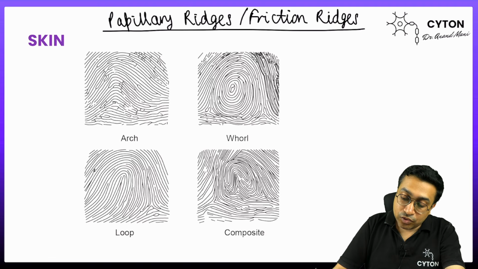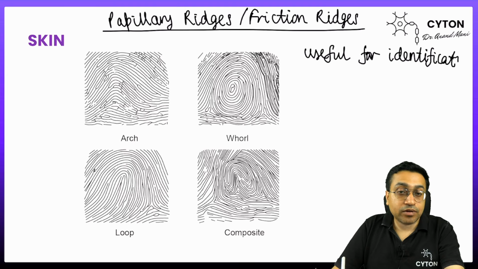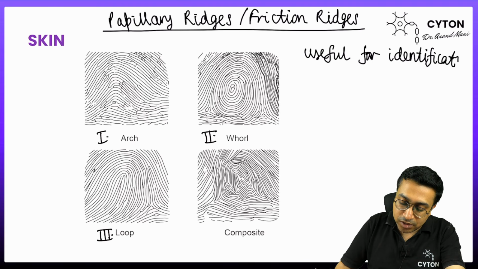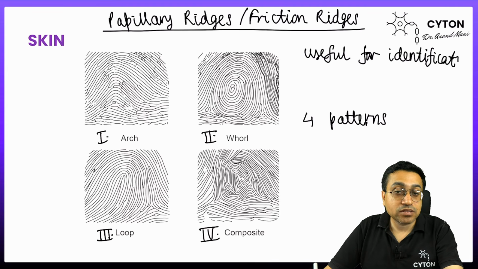These are also used for identifying individuals. This is useful for identification, and you will read more in detail in forensic medicine. This branch is known as dermatoglyphics. There are basically 4 patterns in the digits: arches, whorls, loops and composite pattern.